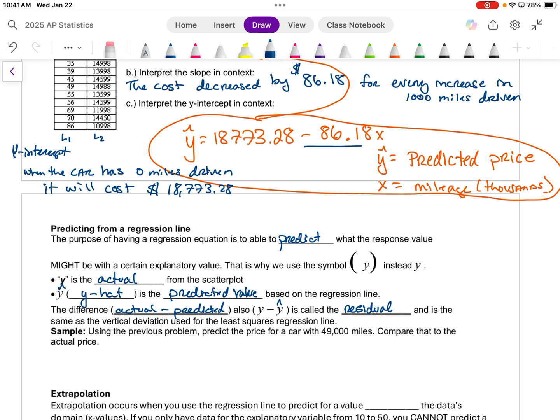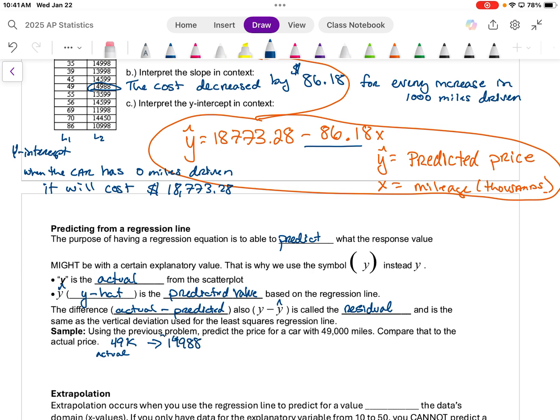They want us to go through the previous problem and, using the equation that we have, predict the price of a car with 49,000 miles and compare that to the actual. Up above, for a car that had 49,000 miles, it actually had a price of $14,988.